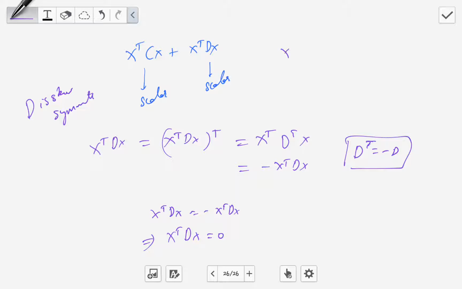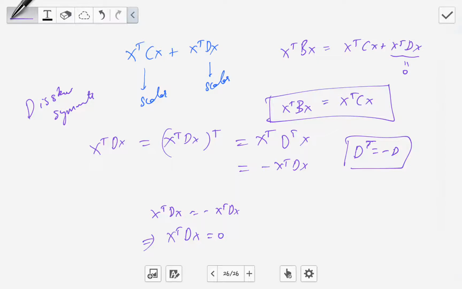So for x transpose Bx, you decompose as x transpose Cx plus x transpose Dx. This becomes 0, so effectively only the symmetric matrix remains. If you just take the symmetric part of this B matrix, the quadratic form remains. You just have to take C is equal to B plus B transpose by 2.